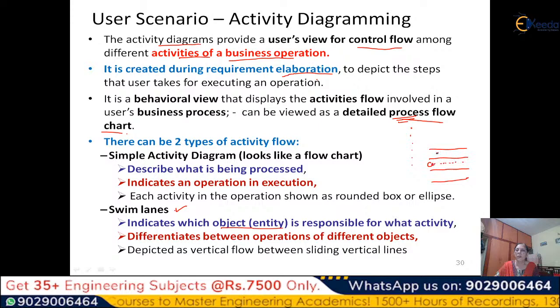Another swimmer is supposed to go here. So you can think this is your object 1 and this is your object 2. And each one is following their swim lanes. But they are all together doing a single operation, a business operation. This one is doing its role, this one doing another role, this one is doing another role. And somewhere they will come to synchronize. We'll see how they are synchronized, how they are related.